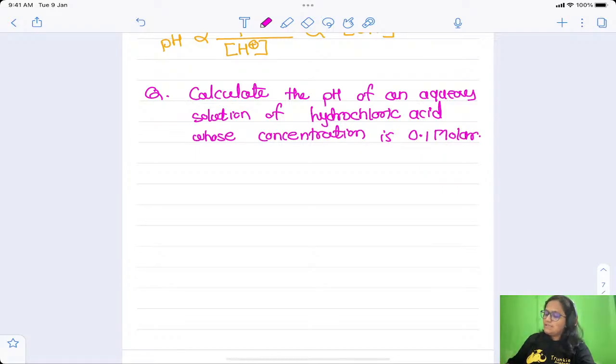Where molar stands for molarity, the word I have shown to you.